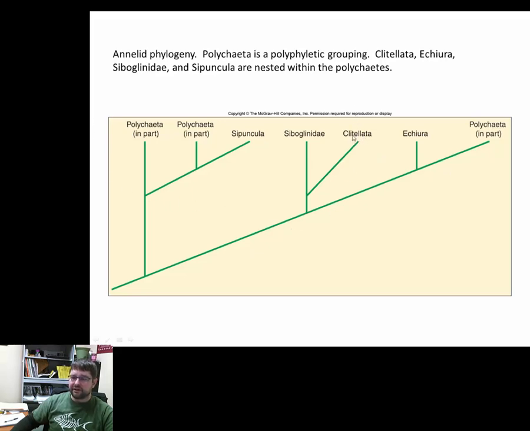Again, Oligochaetes and Hirudinea are now lumped into this group. They used to be split off, so you'd have multiple branches coming off of this. I'm not sure if that's going to be revisited or not, but like I said before, the phylogenetic tree of annelids is messy at best.